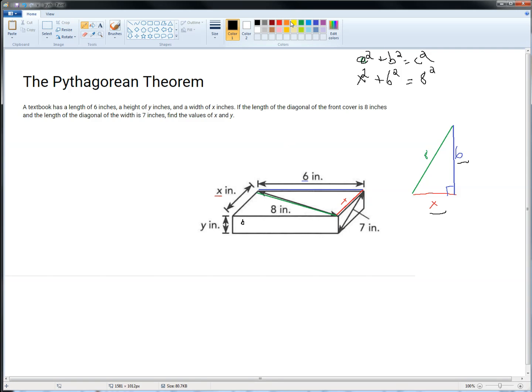Okay. So you're going to take your x value, which you will know. You'll have an actual value for that. I'm just going to write an x there. We're looking at this triangle on the edge of this book. This line is your hypotenuse.